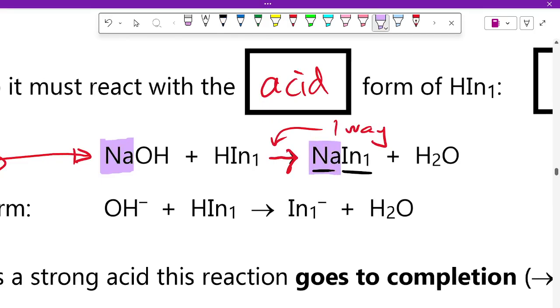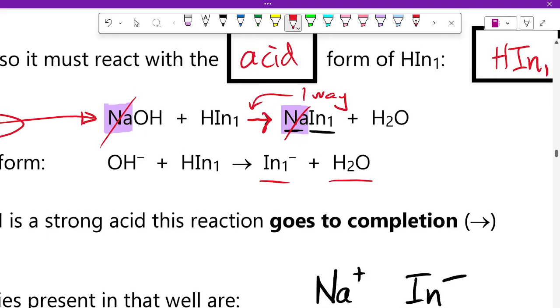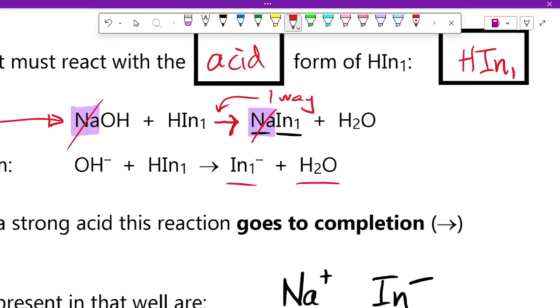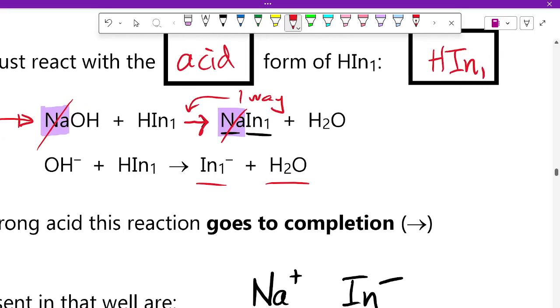Na plus is a spectator. So we can just write it as In minus and water. But regardless, what we have at the end in our little well on the spot plate is Na plus, In minus, and, well, water. And I'm not even going to include water because water is a solvent. Yeah? I mean, you could.